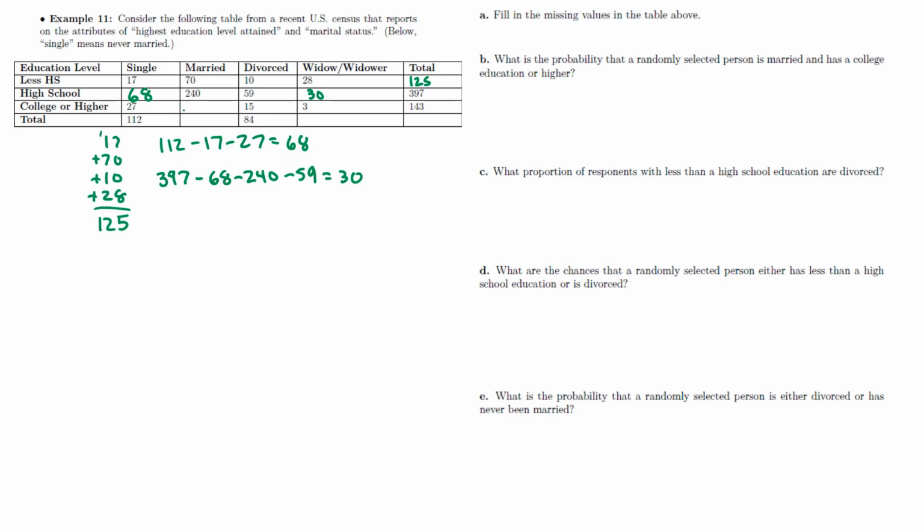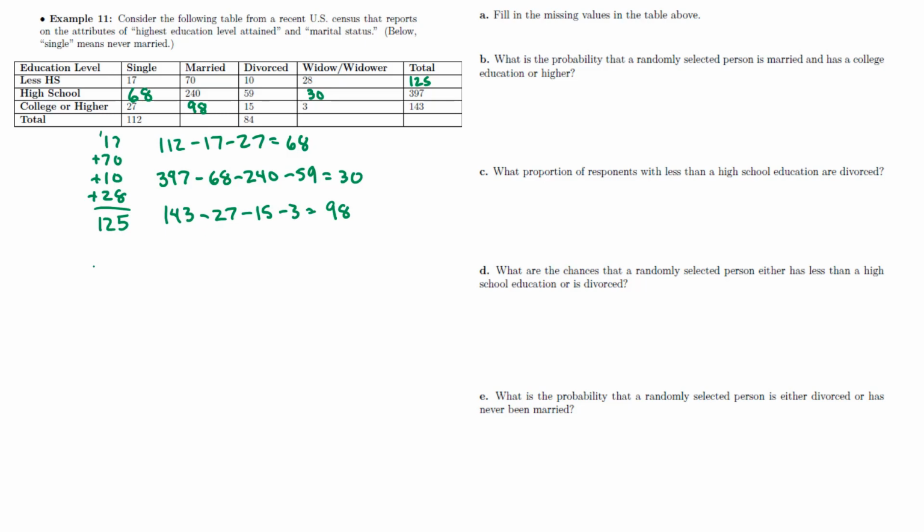This one here, the 143 total people with a college education or higher: take away the 27 who have never been married, take away the 15 who have been divorced, take away the 3 that are widowed, and you will get the 98 people who are married.